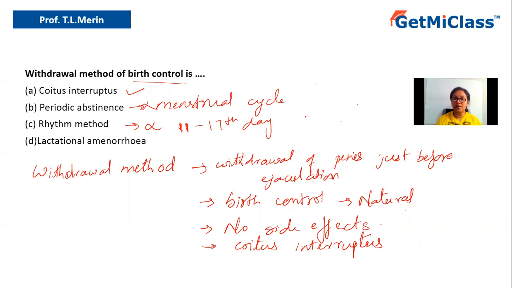Normally ovulation occurs between the 12th and 14th day, but to be safe, coitus should be avoided from the 11th to 17th day. That is what is called the rhythm method, based on the rhythm of the menstrual cycle. So periodic abstinence is related to that itself.